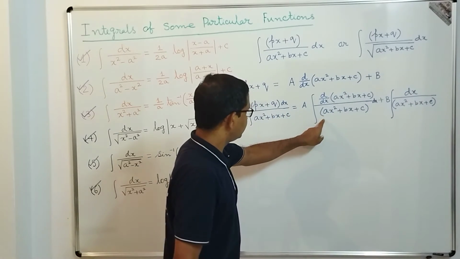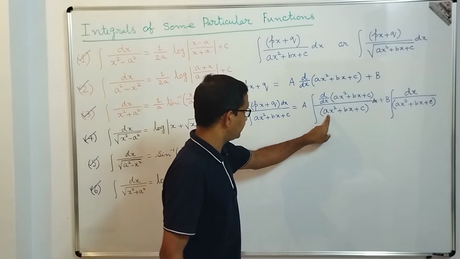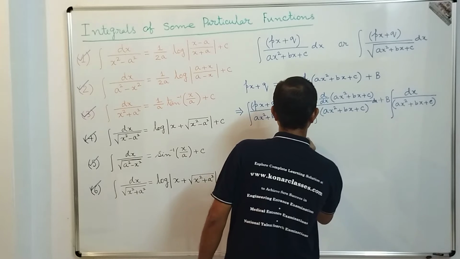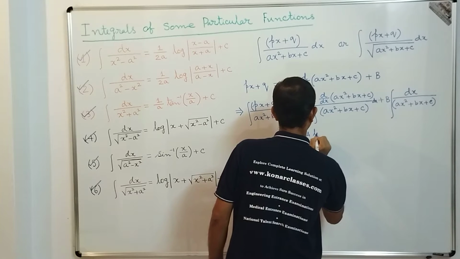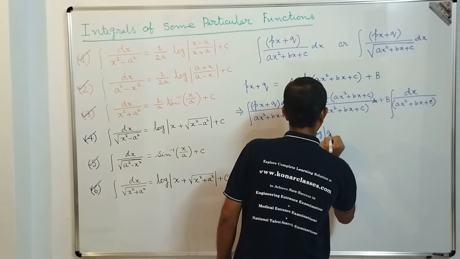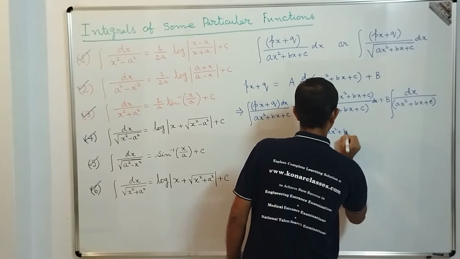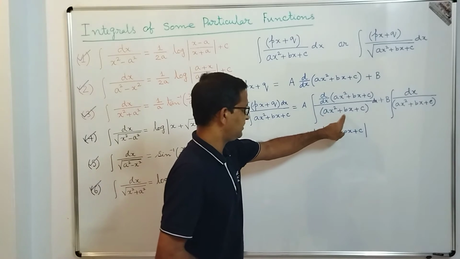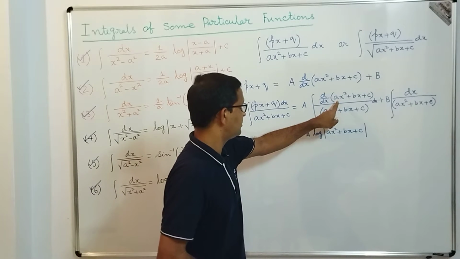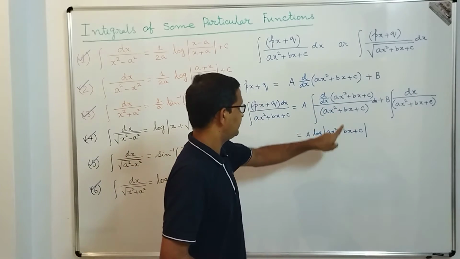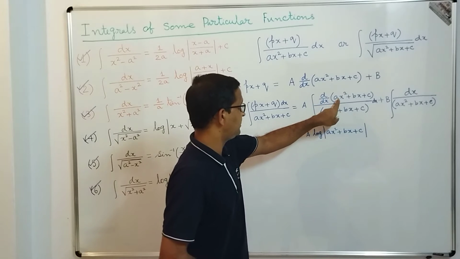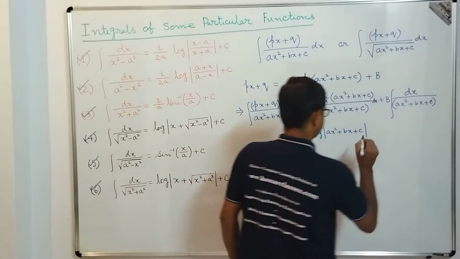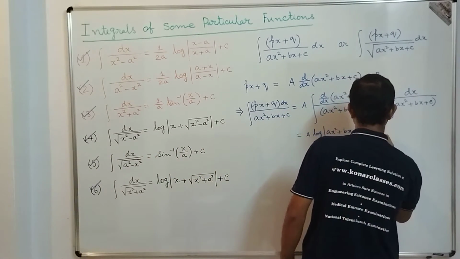Now, the differentiation of this denominator is the numerator, so it will straight away be A log of the modulus of (ax² + bx + c). If you differentiate this, you get this thing. You can take the denominator equal to t, then dt is the numerator, and the integral of dt by t is log t, so that means this, plus one integrating constant. So this we can do.